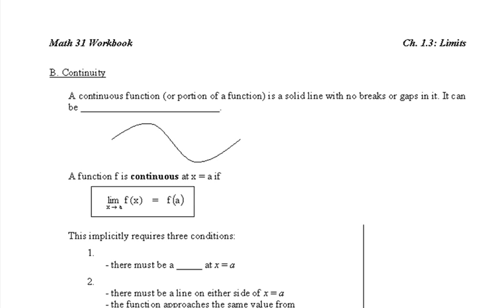A continuous function is a solid line with no breaks or gaps in it. It can be drawn without lifting your pen or pencil. So no breaks, no gaps, no asymptotes. It's continuous if we can just draw it without lifting our pencil.